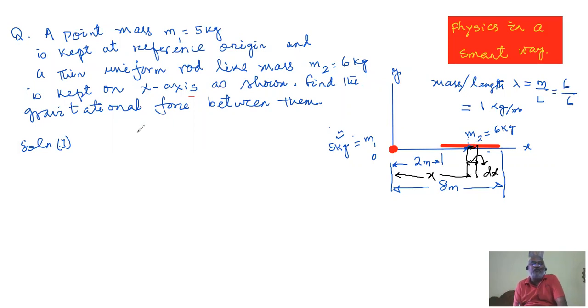We can assume its mass as dm because that's elementary mass. And the mass can be also calculated as mass per unit length into our dx, length of our piece, because lambda has got a numerical value of 1. So that is 1 into dx. So numerically same as dx.